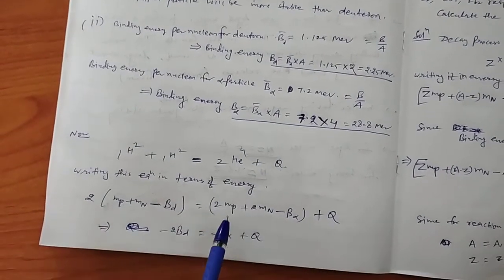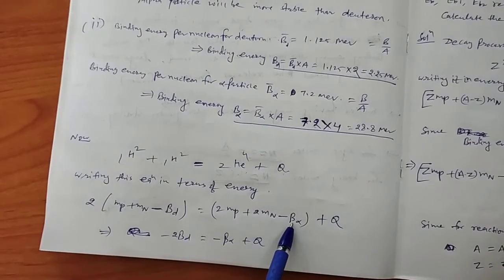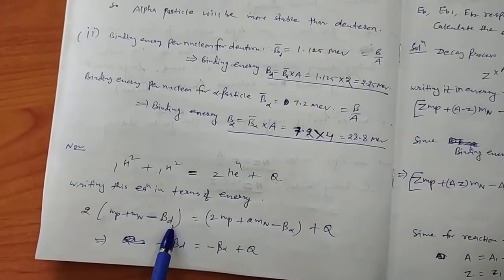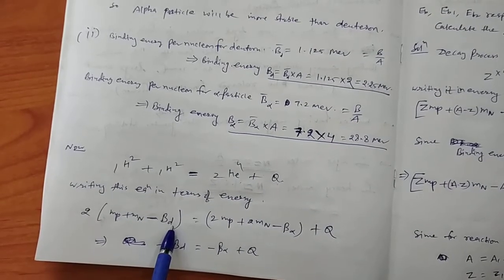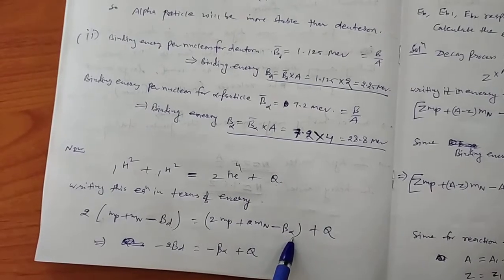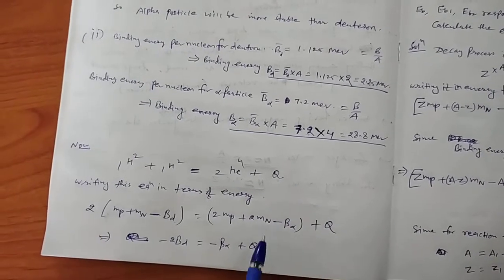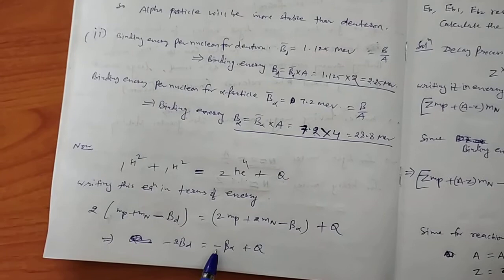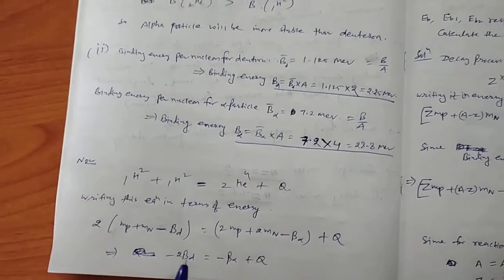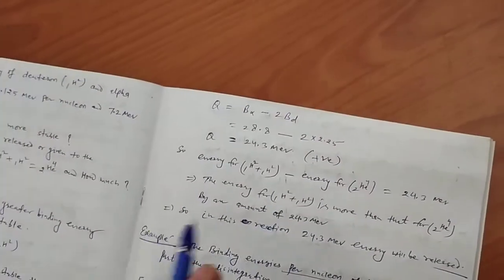So we can write this equation like this one. Bd is the binding energy for deuteron, and B alpha is binding energy for alpha particle, and this is the Q.